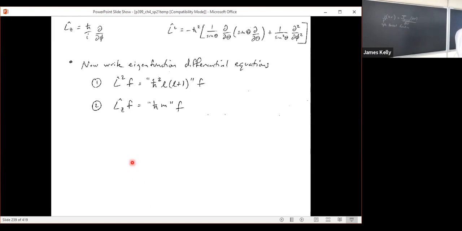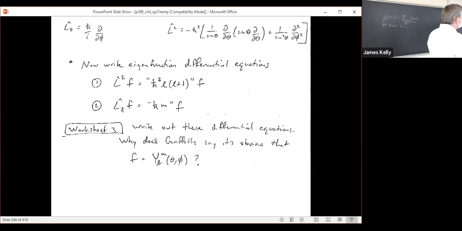Remember, the idea is these 2 operators commute with each other, and therefore we should be able to find a single collection of eigenfunctions that are simultaneous eigenfunctions of L squared and LZ. If we do it the old-fashioned way, we're just going to write down the differential equations that correspond to those eigenfunction relations and try to solve them.